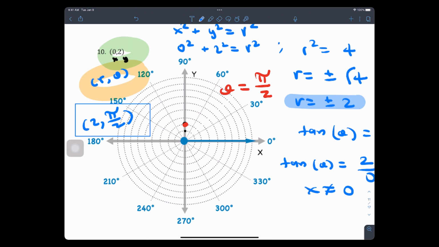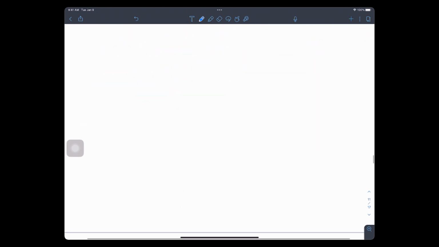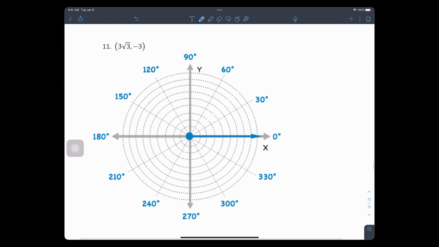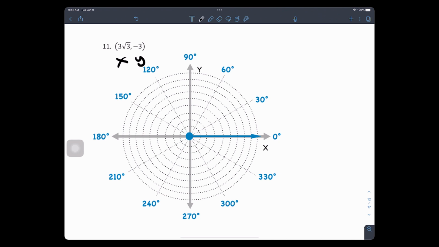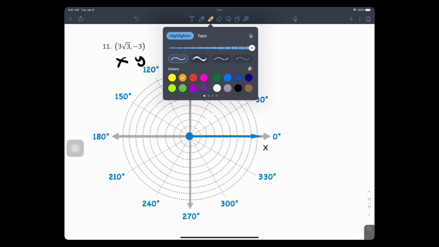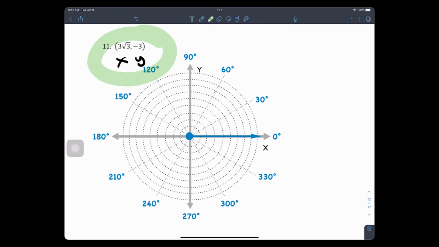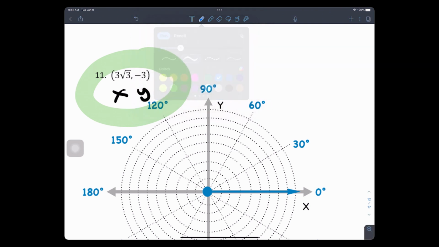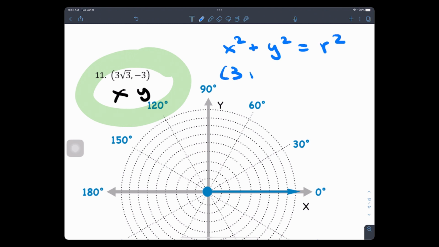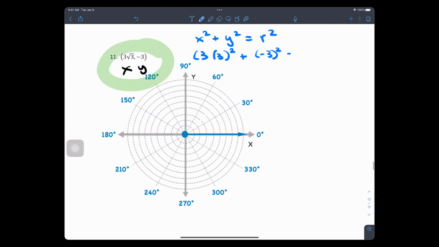So you're going to use the information. Let's see this one. This is x and y. This is, again, converting rectangular to polar. Use the conversion formula of x squared plus y squared equals r squared, which means the square root of 3 squared plus negative 3 squared equals r squared.